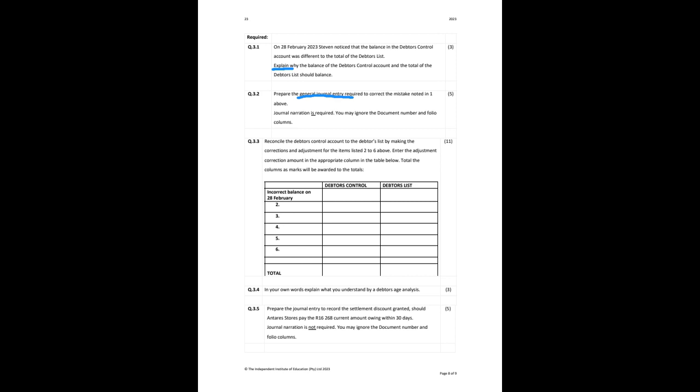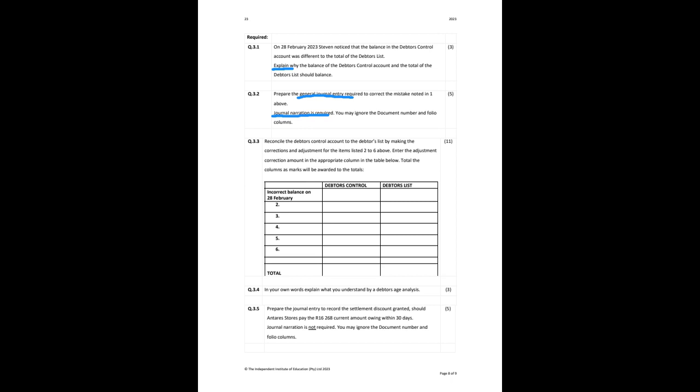And then what would you debit and what would you credit to correct the mistake noted in 1 above. Journal narration is required, which just means you need to do that little description underneath: debit amount, name of account debited, amount, name of account credited, and underneath that a short description of what the journal entry is for.